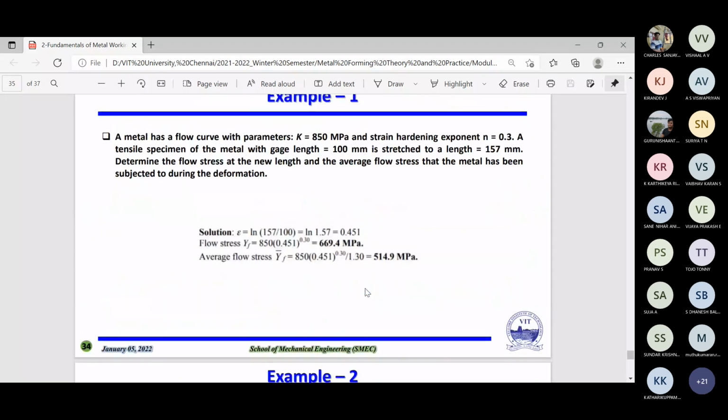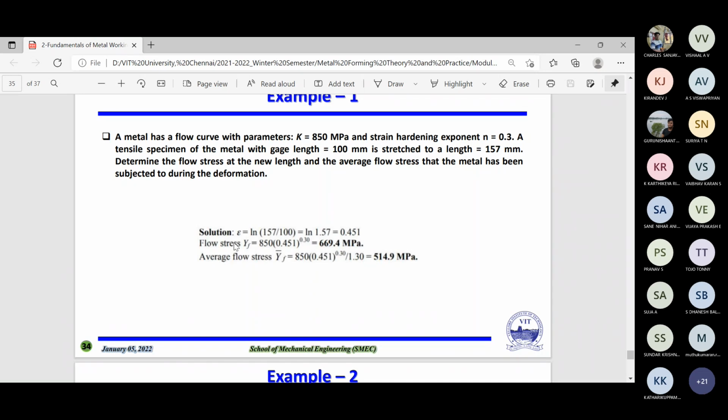Because you have to write the given, that one I have not written. So the given: K equal to 850 megapascal, n equal to this much. If you want to find the epsilon, ln of the change in length, that means the length you have made, so 157 by 100, you'll find 0.5.